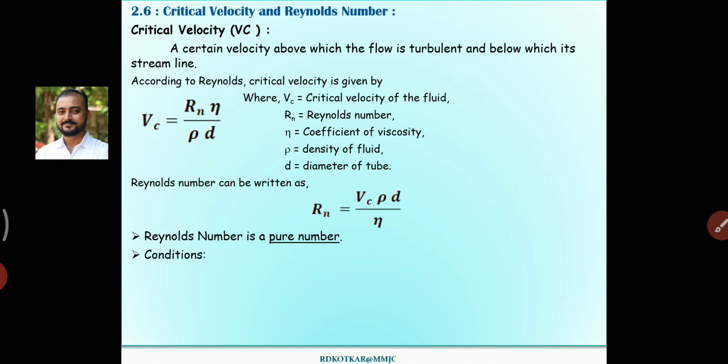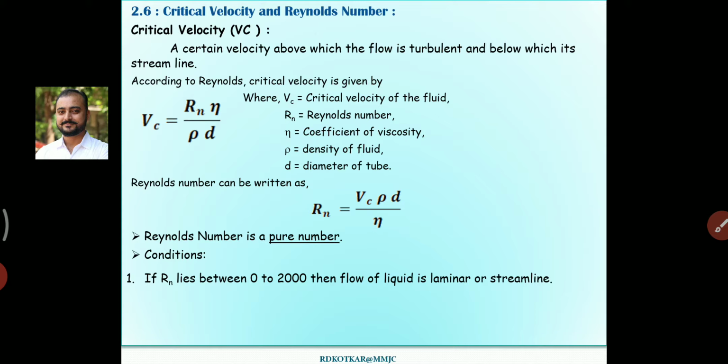Then these are the conditions for Reynolds number. If Rn lies between 0 to 2000, then the flow of liquid is laminar or streamline. Remember, if the value of Reynolds number is between 0 to 2000, the flow of liquid is said to be streamline.